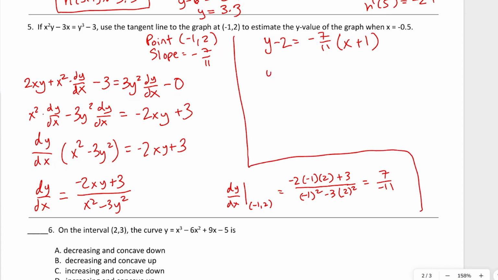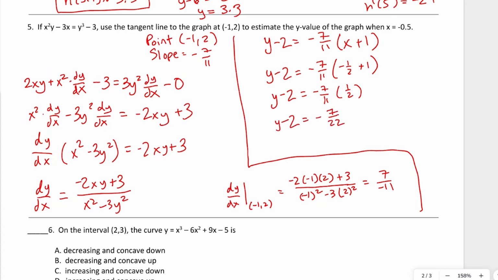So I'm going to plug in -0.5 into x. -0.5 plus 1 is 1/2. So 1/2 times -7/11 is going to be -7/22.